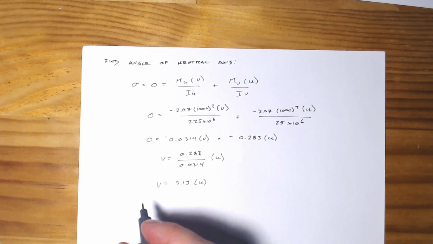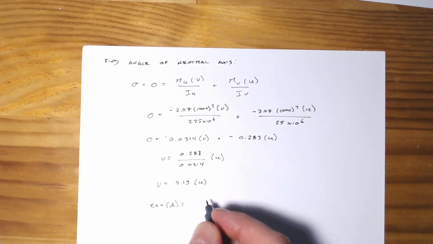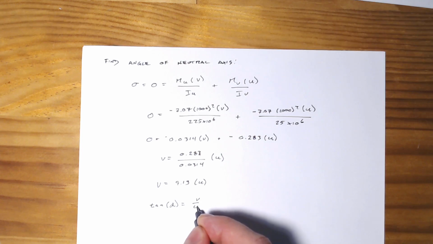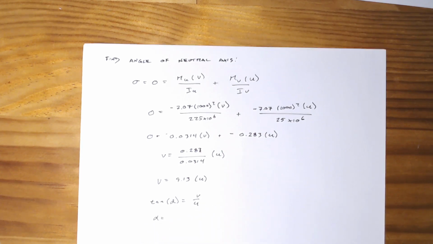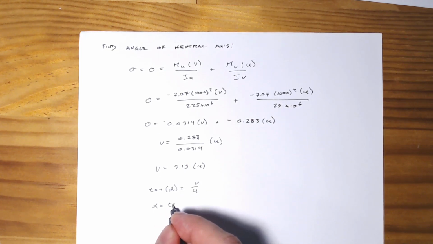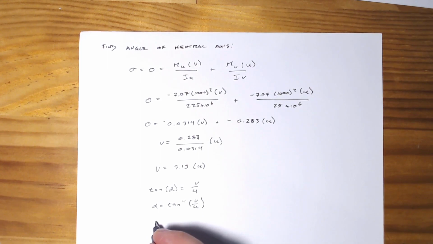And so we know that tangent of alpha equals v over u. Alpha equals the arctangent of v over u.